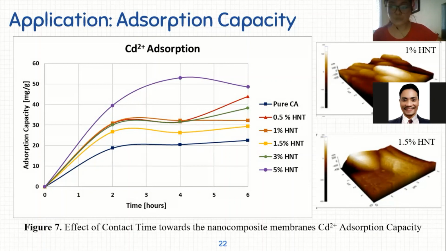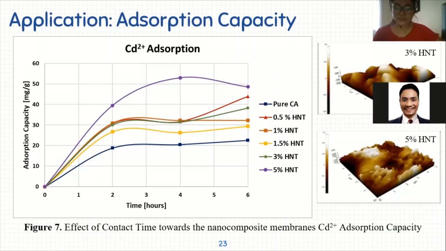That might disrupt the adherence of the heavy metal ions to our membrane. But with 3% and 5%, you can see that each peak and each valley has a rougher surface. This indicates that it will increase the retention time because it prevents it from being affected by all these external forces, leading to longer retention time and better adsorption capacity.